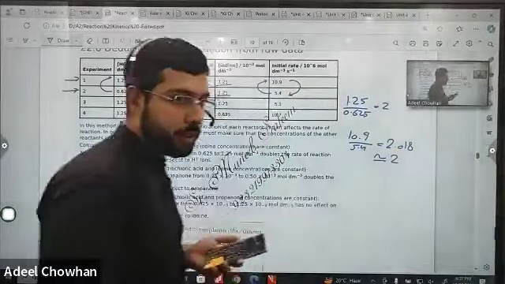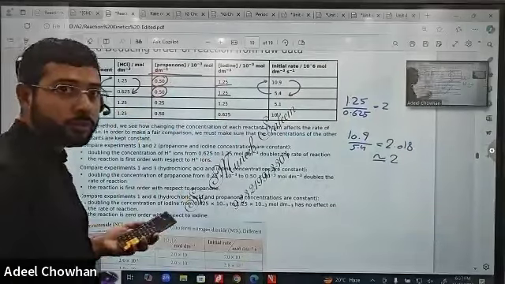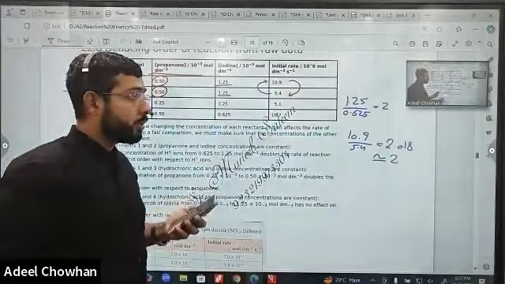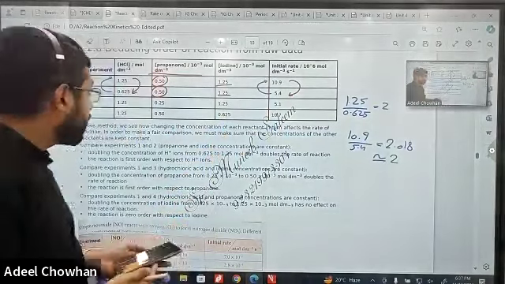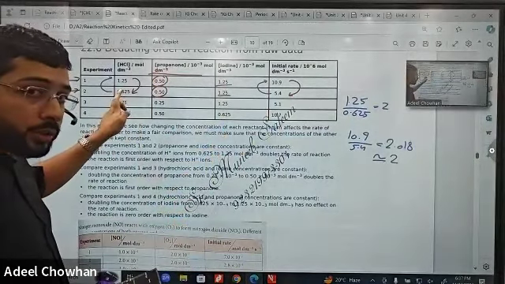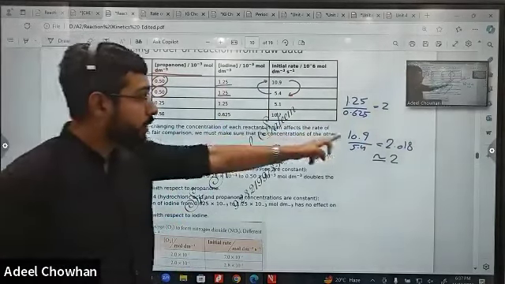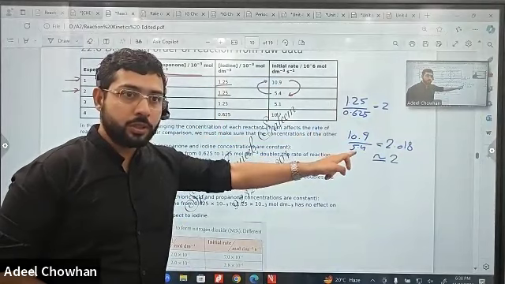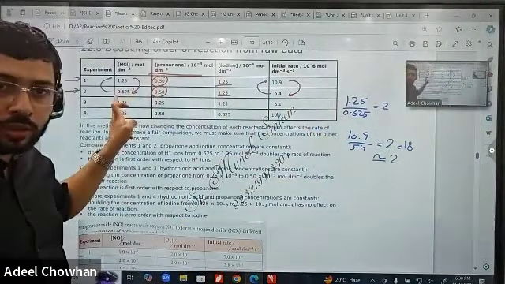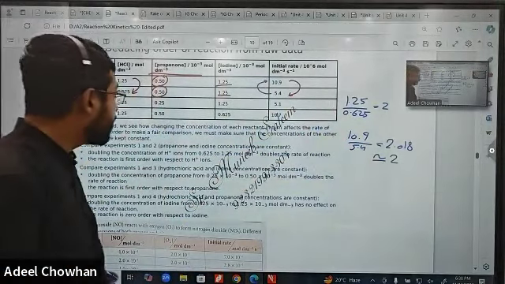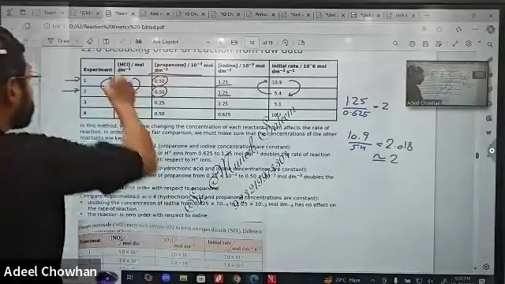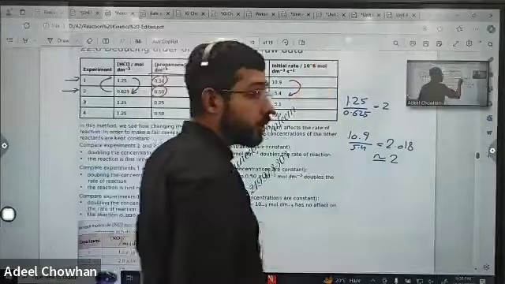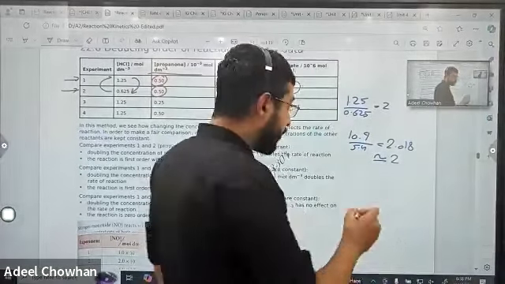So you can see clearly that by doubling the concentration of the HCl, the rate of the reaction has also doubled. Both the rate of the reaction and the concentration are doubling, which indicates that the rate of the reaction is directly proportional to the first order with respect to HCl.